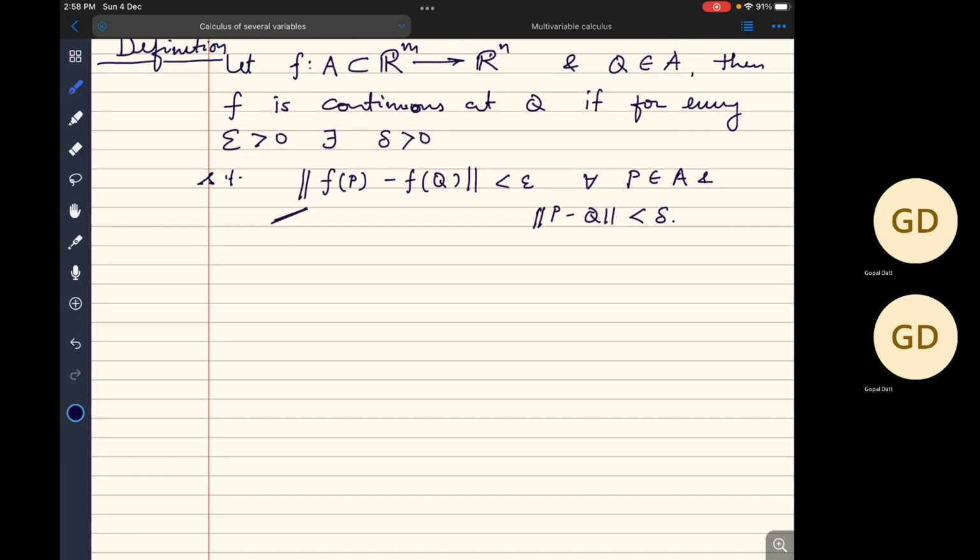What about continuity of a function in a set?